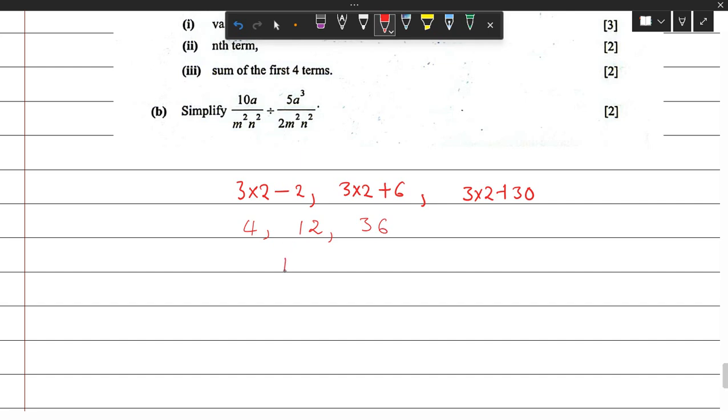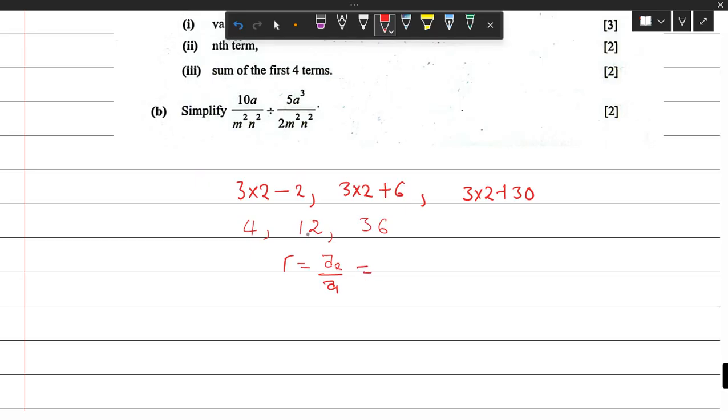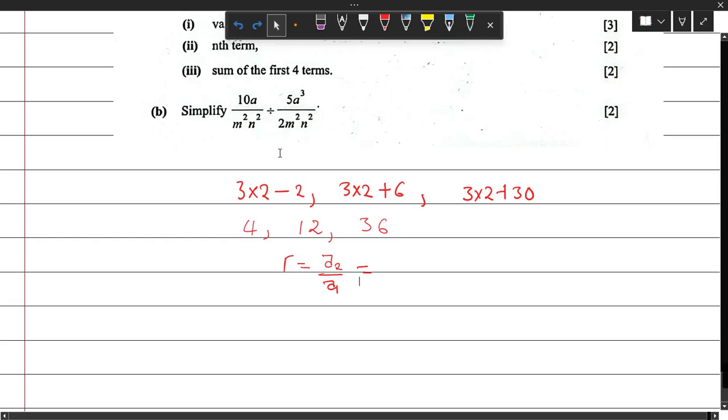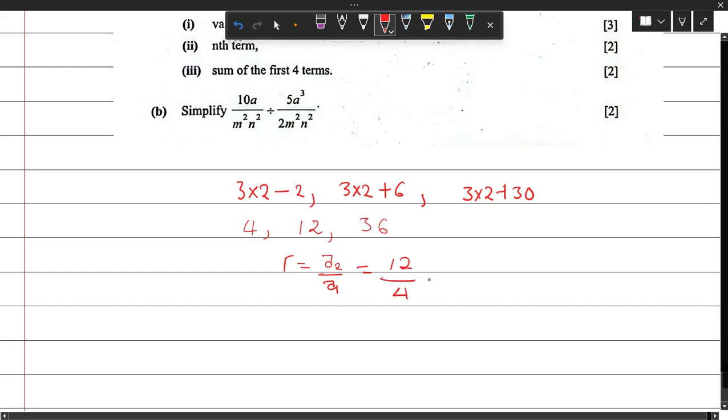So now we can find R. R, like I said, is a successive term divided by the previous term. So successive term here is 12. So A2 is 12. Then A1 is 4. So you get 3 as your common ratio. Like I said, R is the same whether you use the third term and the second term, you still get the same answer.